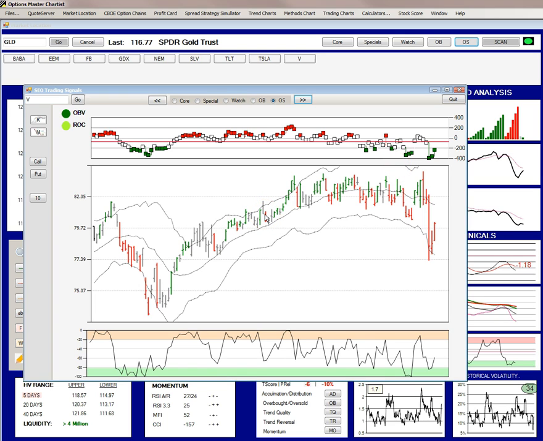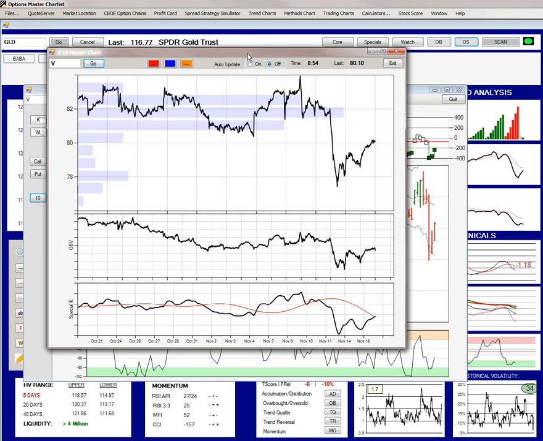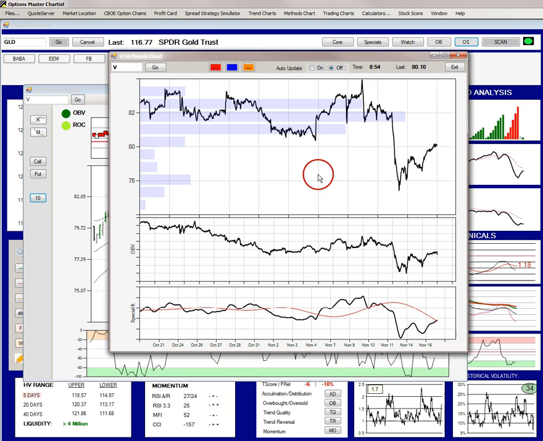If you see a symbol that looks particularly interesting and you want to monitor it during the day, you click this 10 button and you'll get a 10-minute chart. We use the 10-minute charts to look for OBV breakouts, and you can use the different line drawing tools up on the top to look for breakouts from price volume areas and from OBV.